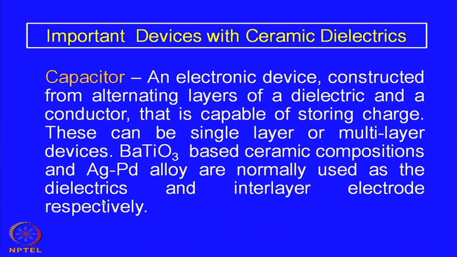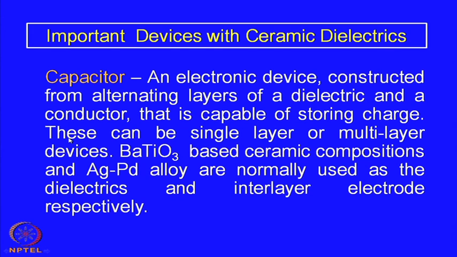I will discuss two important devices which are very commonly used, made of ceramic dielectric material. One is a capacitor. We have discussed that device on and off during our discussion. This is nothing but an electronic device constructed from alternating layers of a dielectric and a conductor.